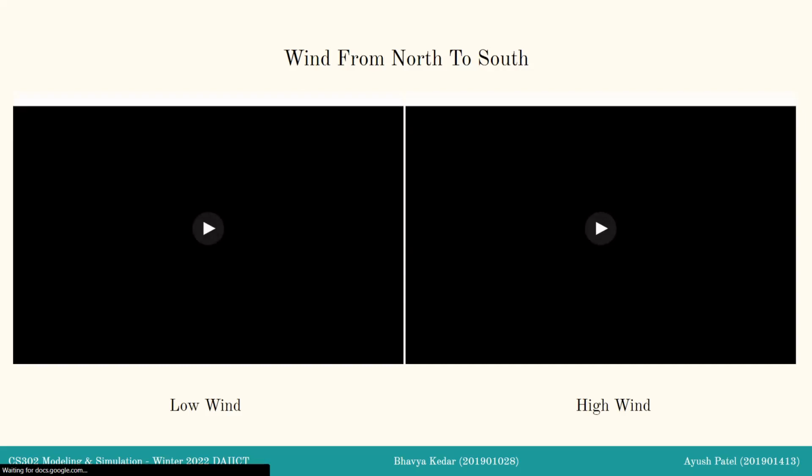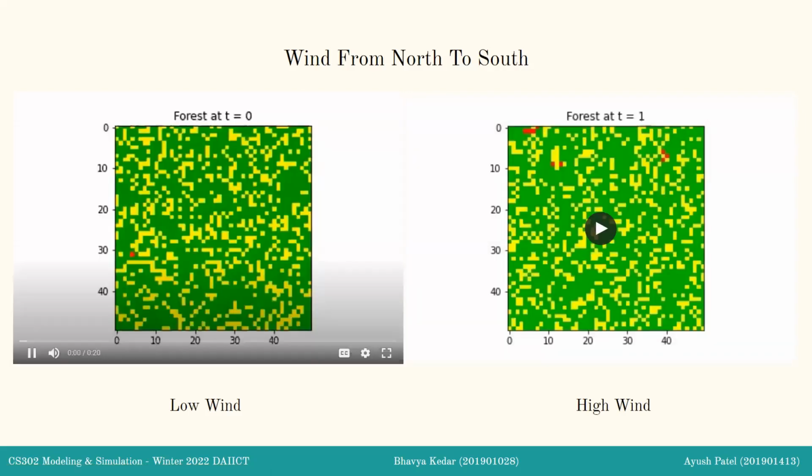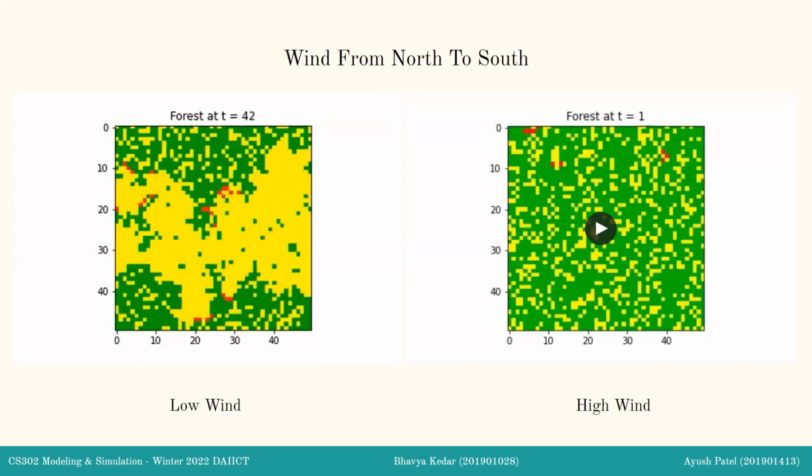And here are the simulations when the wind direction is from north to south for low wind speed. We can see that the spread of fire is somewhat similar to the earlier simulations.